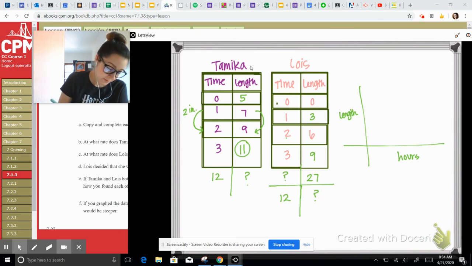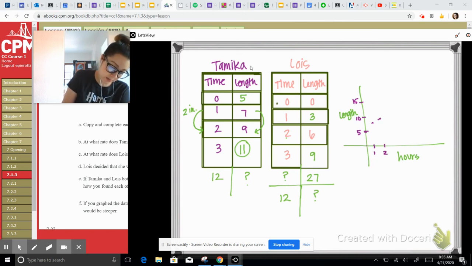So if Tamika had 0 hours and she was already at 5 inches, I'm going to make these in increments of 5, I guess. So Tamika's would start off like 0, 5, and then it would go 1, 7. I can't make a dot. There we go. And then 2, 9.